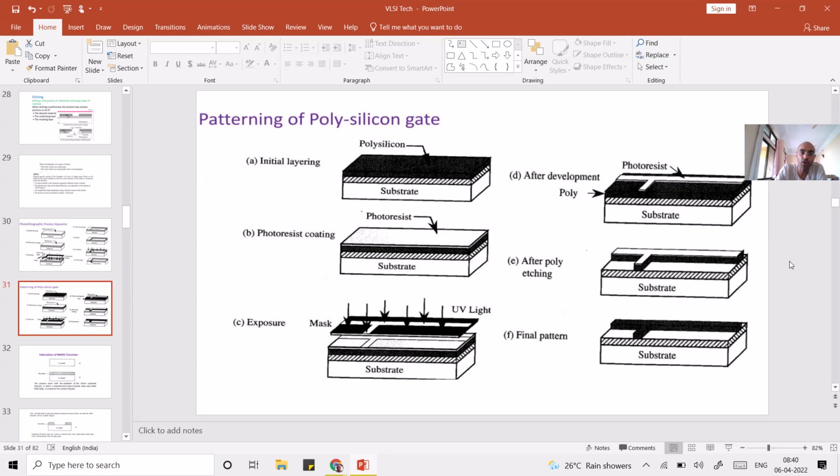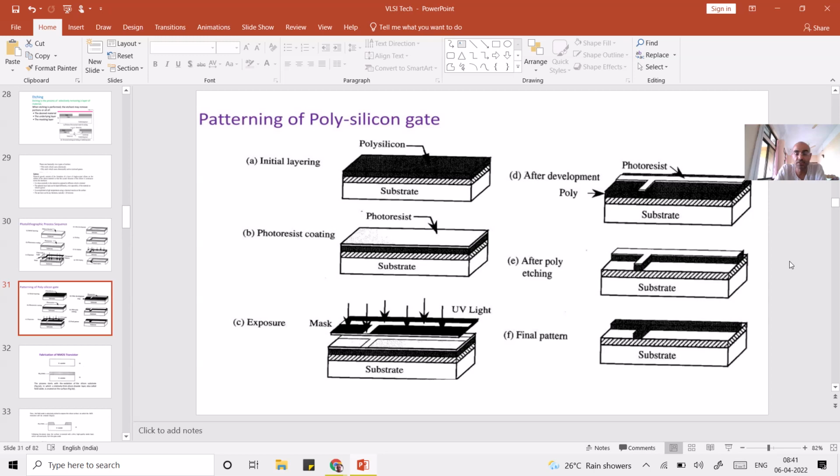So people invented the polysilicon gate technology. Polysilicon has the property of self alignment: if you first grow the polysilicon, then automatically the source and drain regions will be aligned with each other.